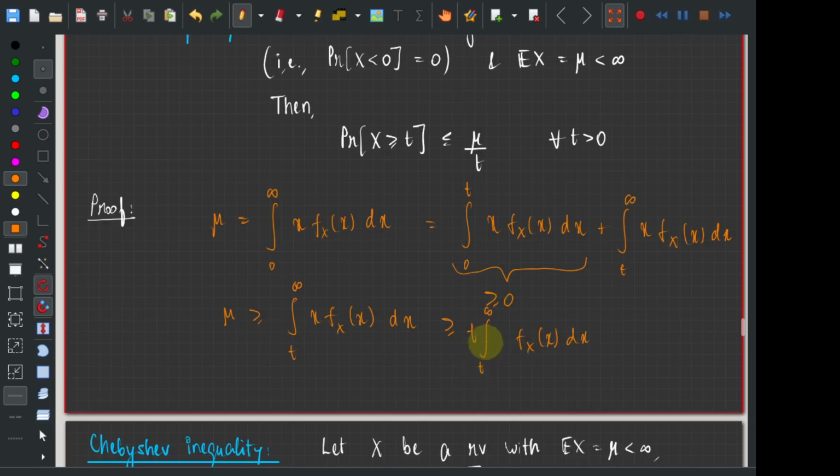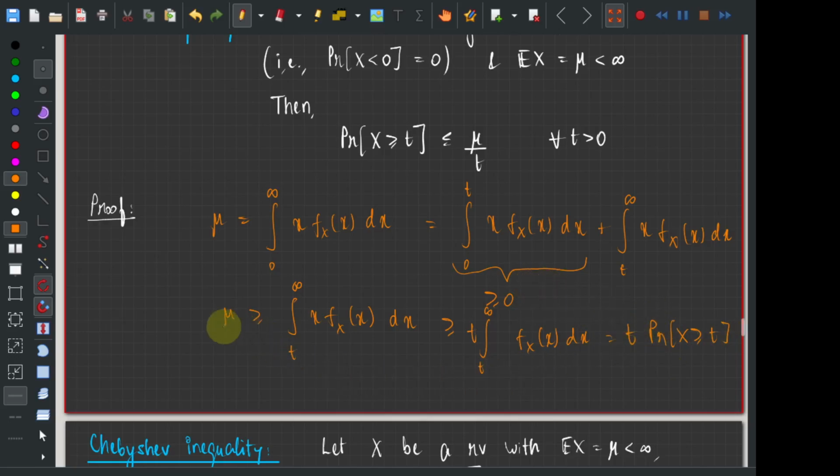But what is this quantity equal to? The integral from t to infinity of fx of x dx. It's the probability that x is greater than or equal to t, right? So this is t times the probability that x is greater than or equal to t, which is exactly what I wanted, right?